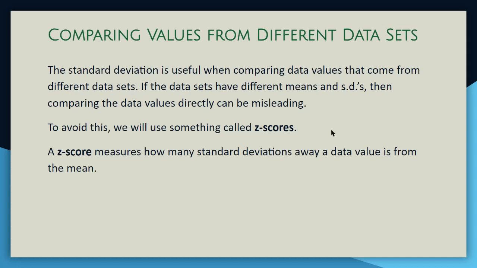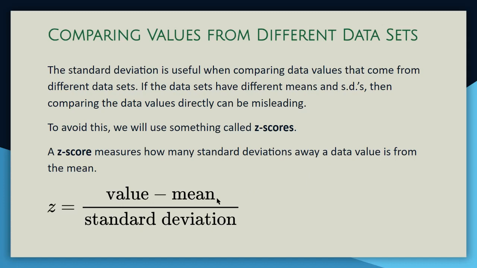What we're doing is we're taking that deviation, distance from the mean, and we're turning it from a raw number into a number of standard deviations. Is it 1 standard deviation from the mean? Is it 2 standard deviations above the mean? Is it 1.5 standard deviations below the mean?